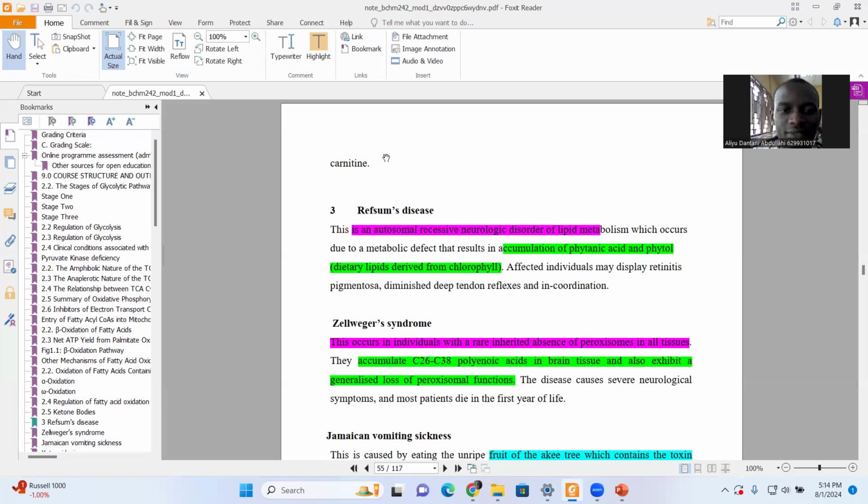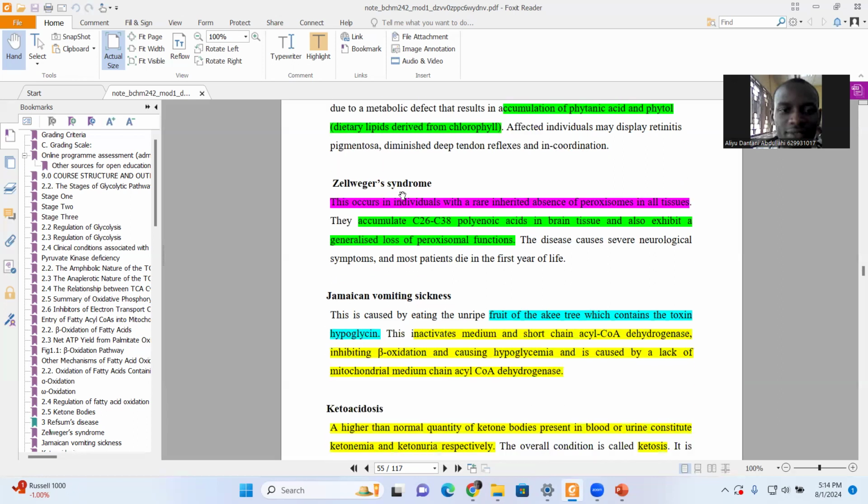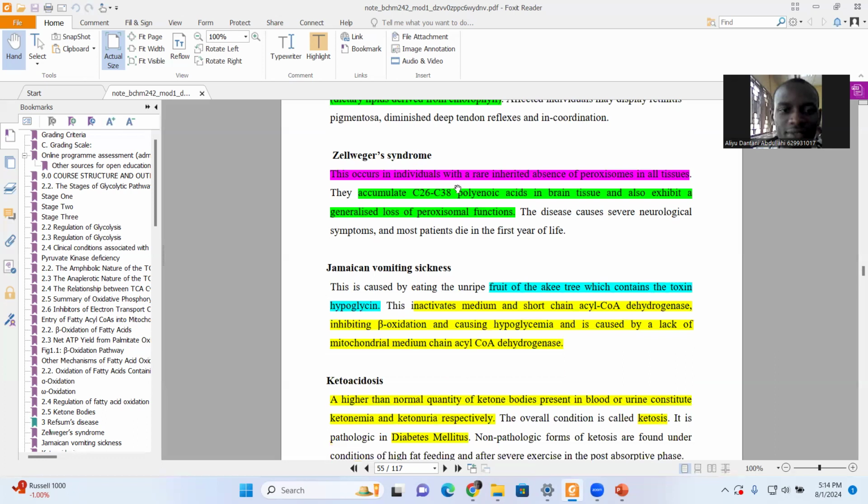Refsum's disease. Affected individuals may display retinitis pigmentosa, diminished deep tendon reflexes, and incoordination. Then you have Zellweger's syndrome. This occurs in individuals with a rare inherited absence of peroxisomes in all tissues. Okay? So you don't have peroxisomes.